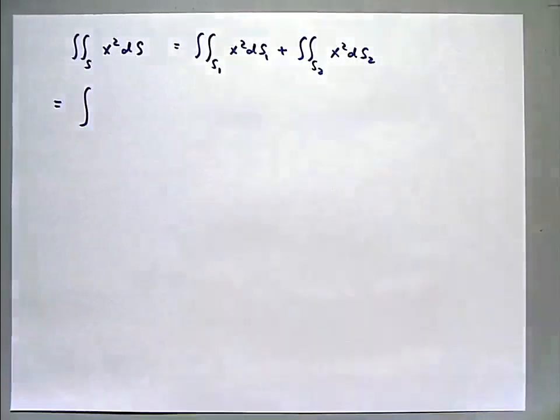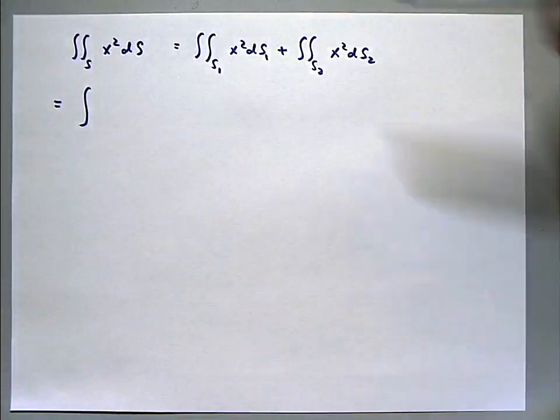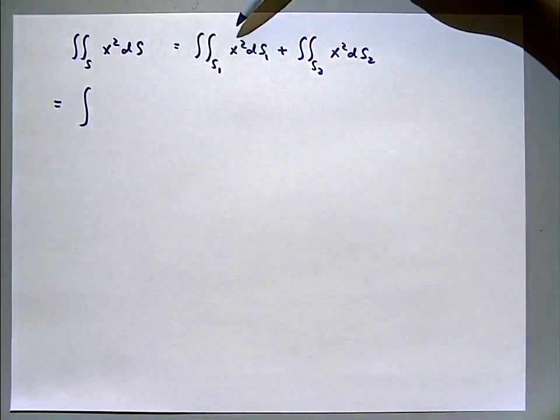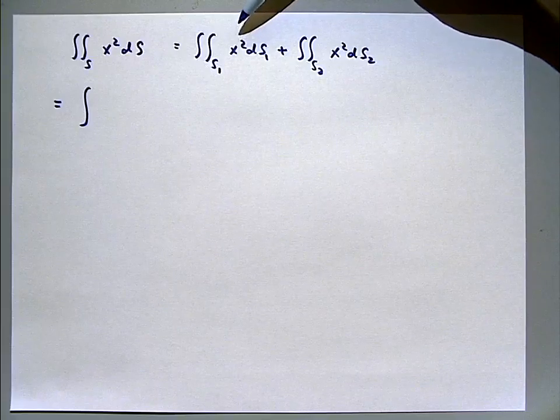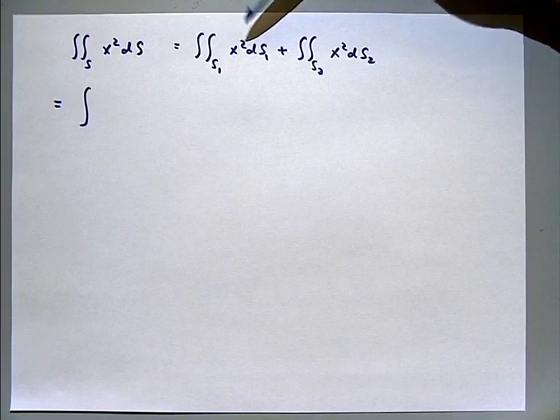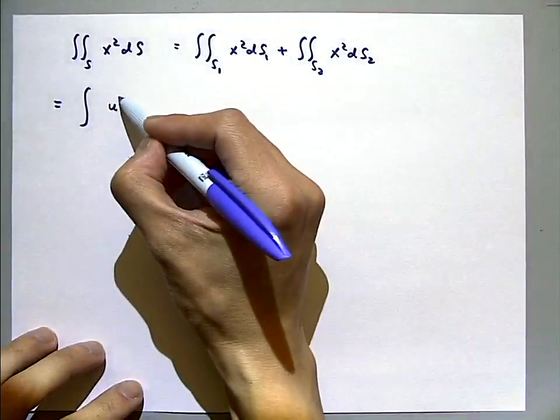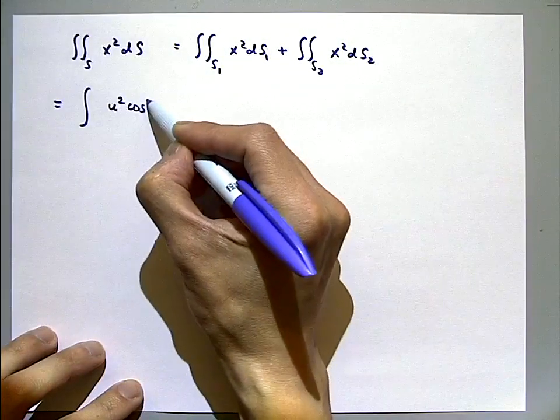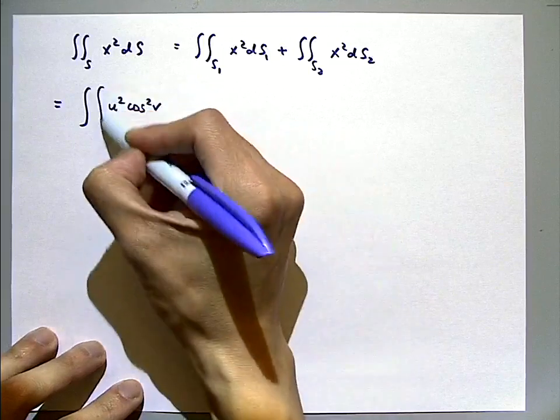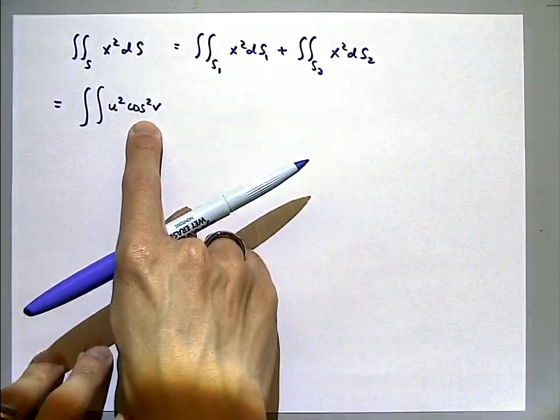All right, S1, we know what to do. We have to replace the x component of the first integral here, and the x component, looking at S1, is u cosine v. Right, so that's my x component.